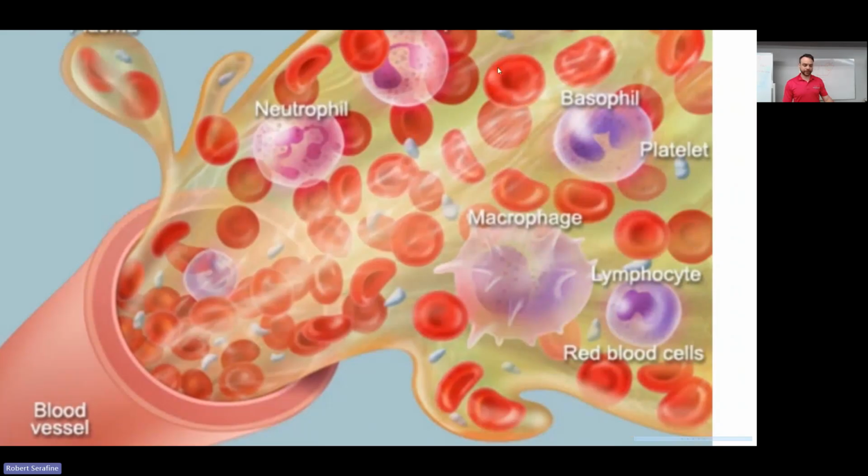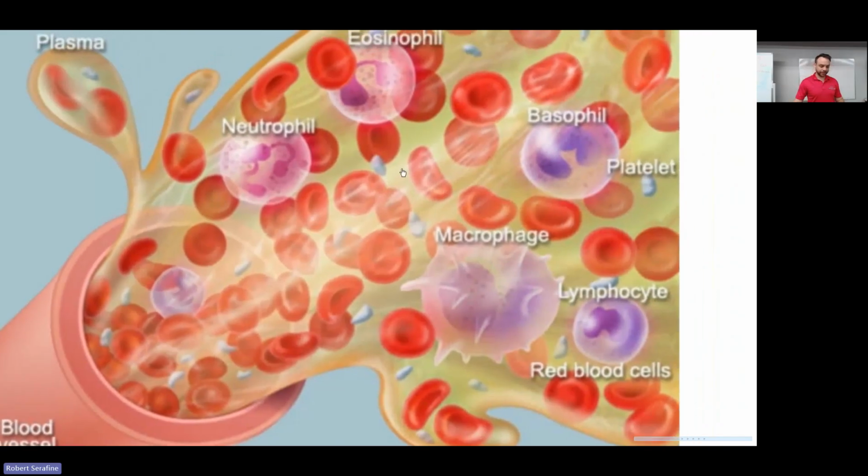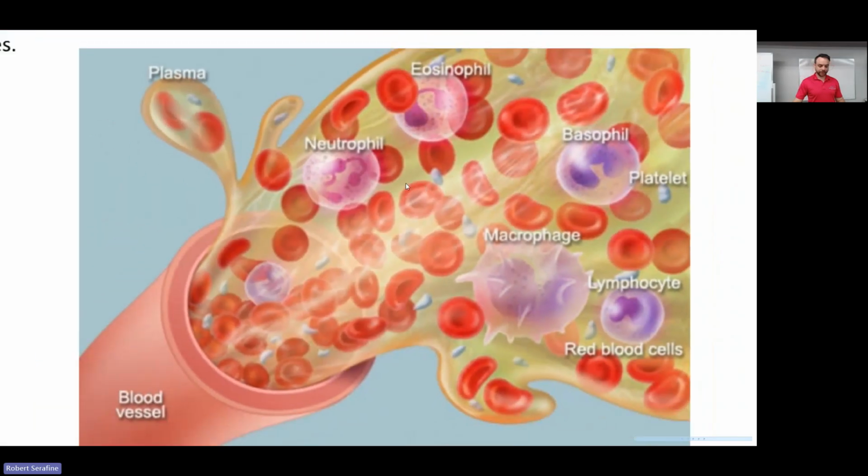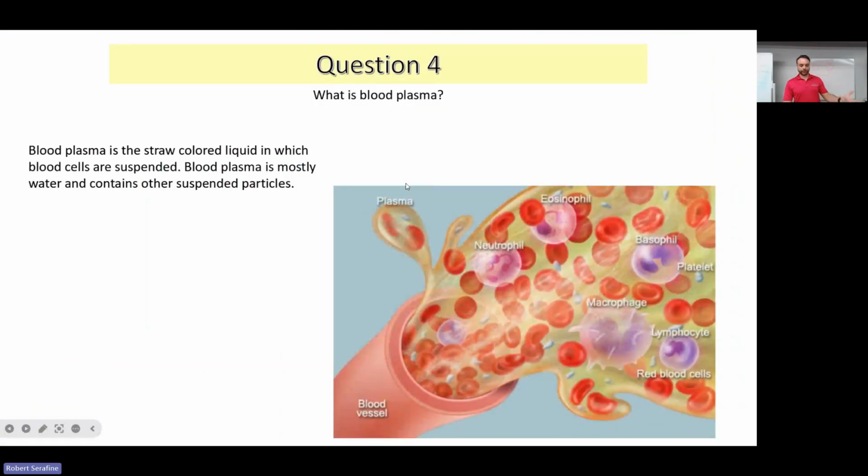The red blood cell almost looks like a little inner tube. Here are some of our major cells, such as some of our white blood cells: neutrophils, macrophages, lymphocytes. We have the thrombocytes right here, and the red blood cells, of course, as well. And as we mentioned, there would be metabolic waste, hormones, and other things traveling through that system as well.